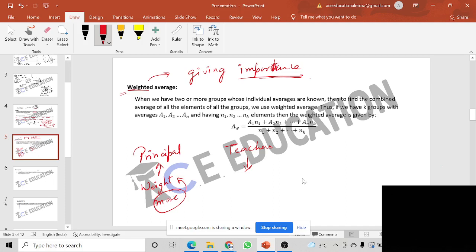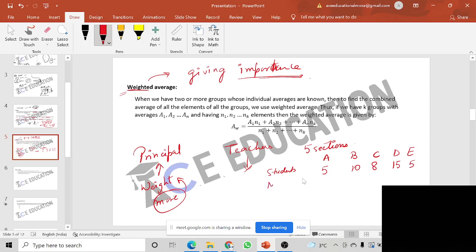Suppose there is a class which has 5 sections, A, B, C, D, E. There are 5 students in A, 10 here, 8 students here, 15 here, and again 5 here.